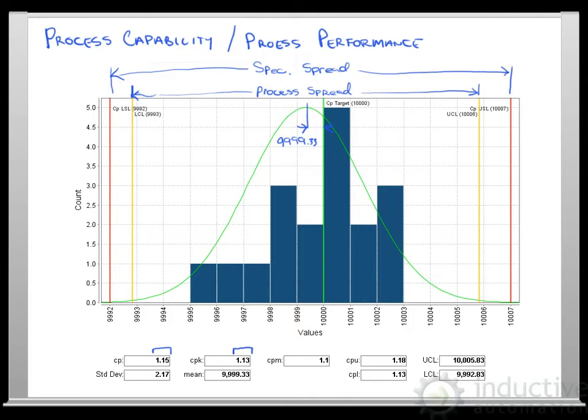And where this is derived from, we'll take a look at these numbers here, CPU. This is CPU over here. What's our distance over here? And CPL is on this side. And what we'll see is that if that CPU number is 1.0, then our spec limit and control limit will be equal.